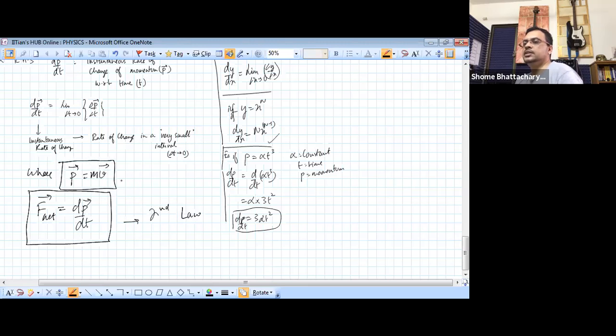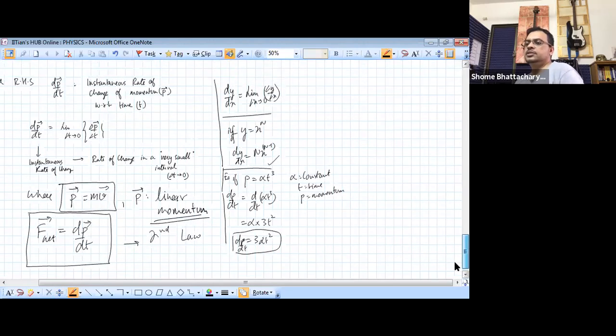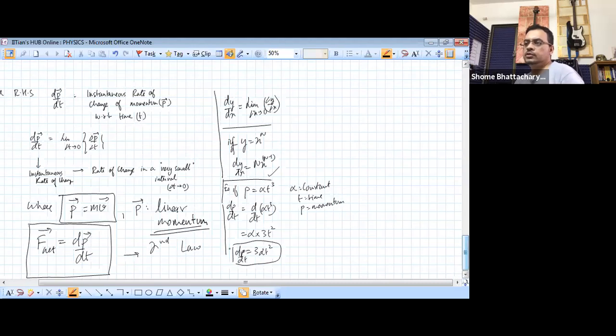The quantity P is called the linear momentum, or in short, we just call it the momentum, the linear momentum of the body. So write this one down first, then I'll explain to you more terms.